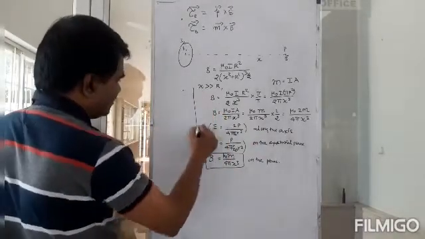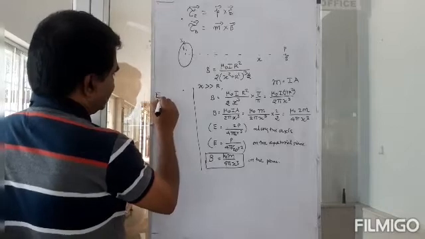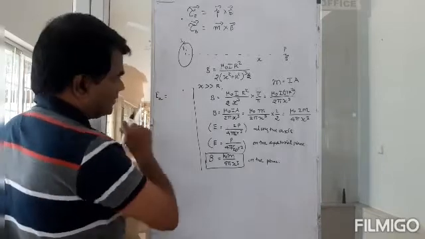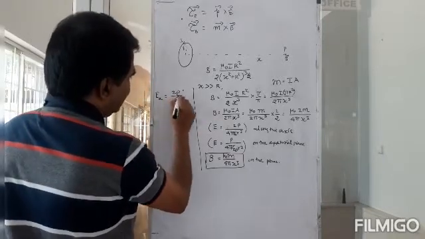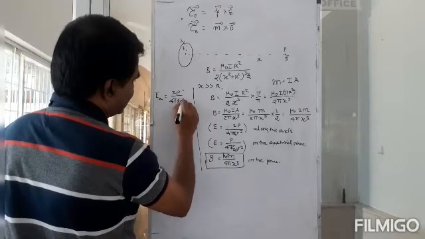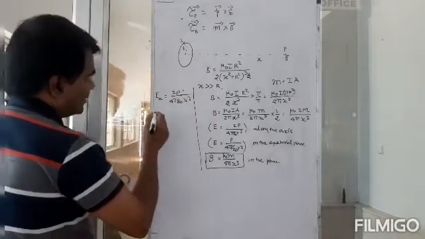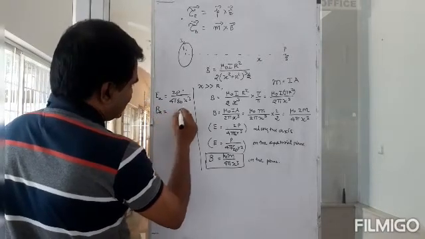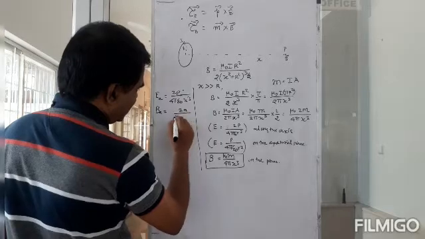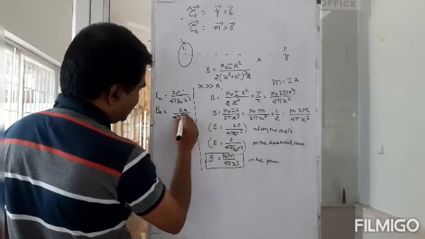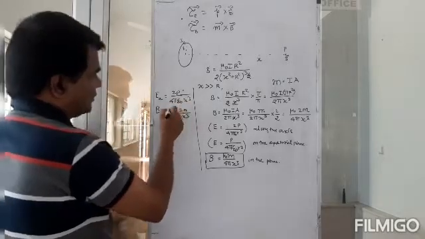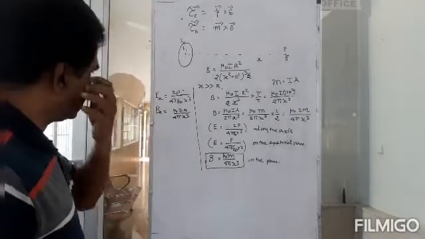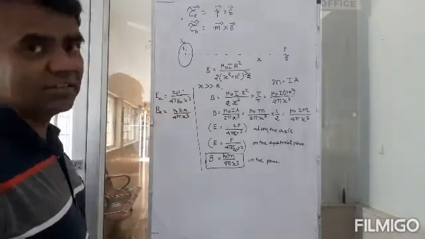So let me do a comparison here. E along the axis was 2p by 4 pi epsilon naught x cube, and B along the axis was 2m by 4 pi x cube, with mu naught here. So this mu naught by 4 pi versus 1 by 4 pi epsilon naught are the two different constants, but the structure is similar.